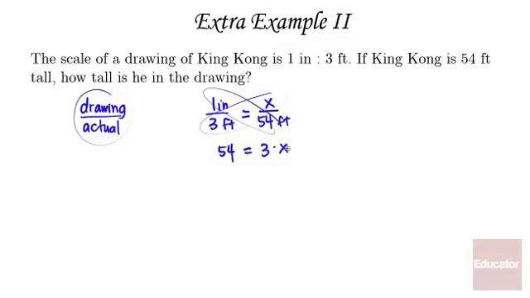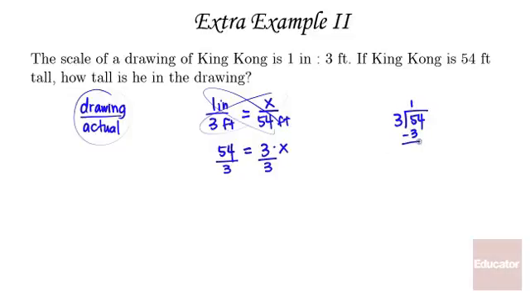Now to solve for x, remember if I want to isolate the variable, I get rid of the 3 by dividing, right? So I can divide this by 3, and then I can divide this by 3. So here, to do 54 divided by 3, put 54, the top number, inside. 3 goes into 5 one time.